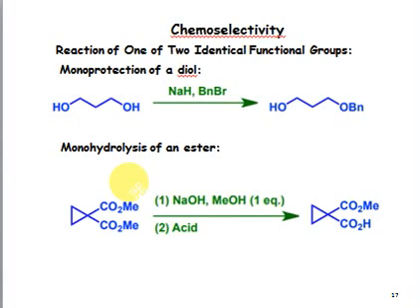The reagent is sodium hydride in the presence of methanol followed by the acid workup. But it's important that you use only one equivalent, meaning you should use a lesser amount of reagent. If you use a greater amount of reagent, then the hydrolysis of both of the esters will be carried out. So this is about the chemoselectivity in case two of the same functional groups are present.